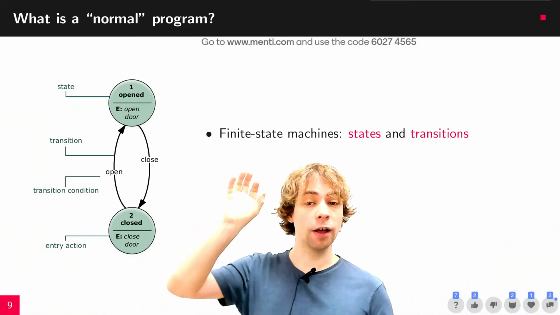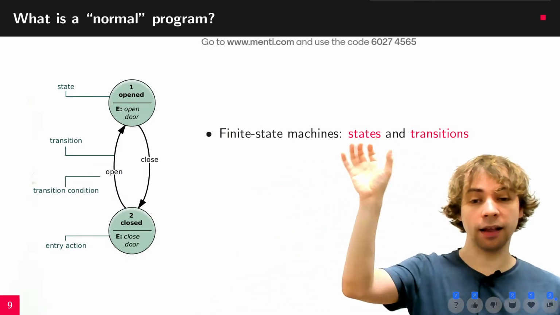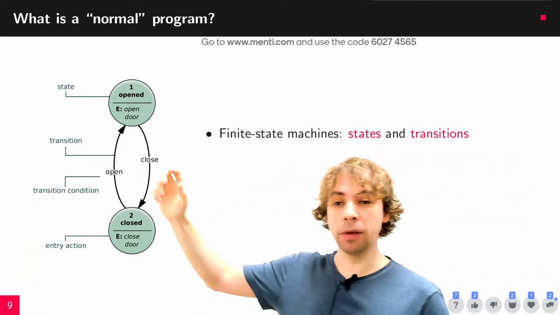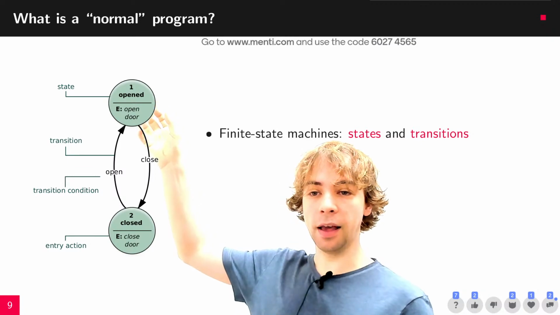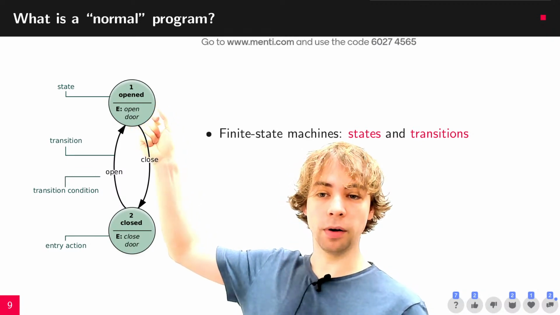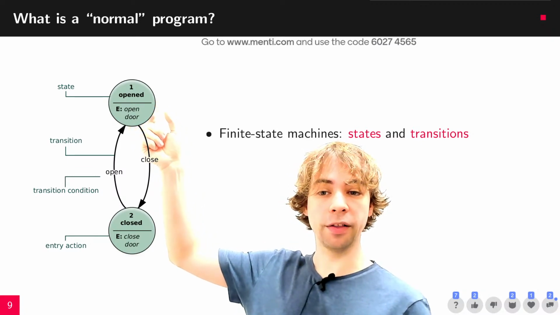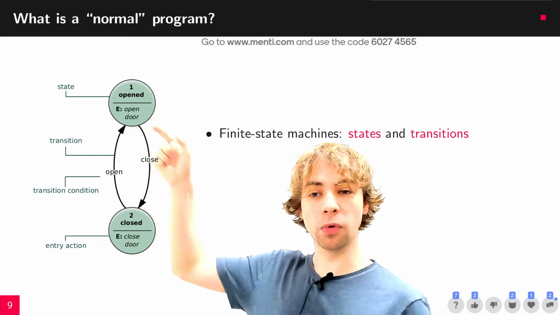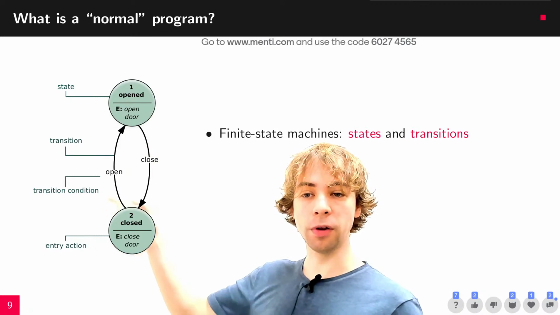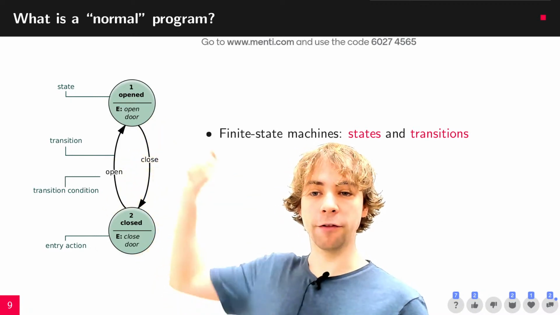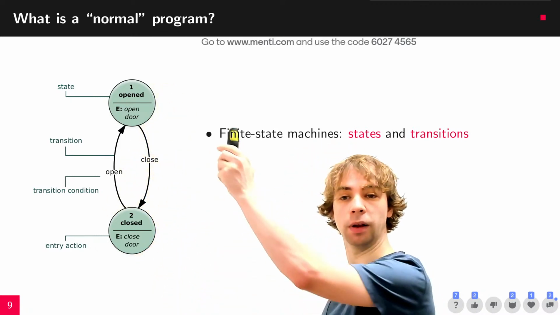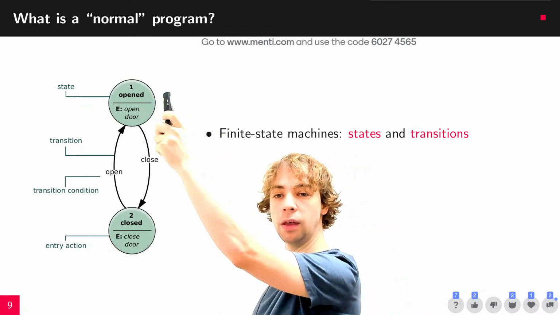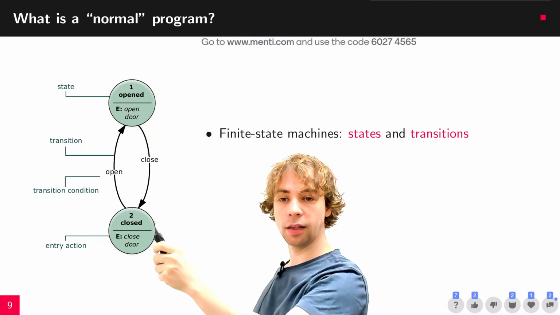A finite state machine has transitions and states. Maybe here in this case we have the example with the door that is either opened or closed. In this graph, we can close the door, then it's closed. We can open the door, then it's opened. So we have the states here. This is a state, this is a state.